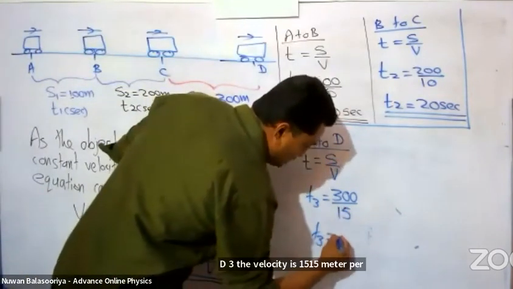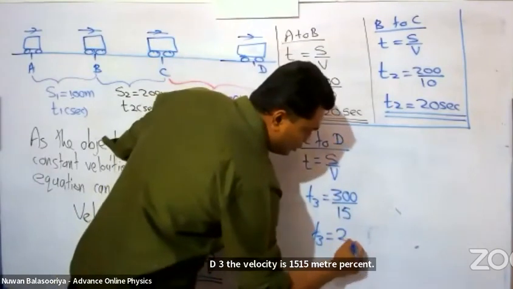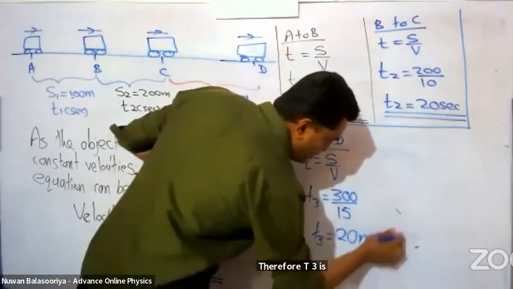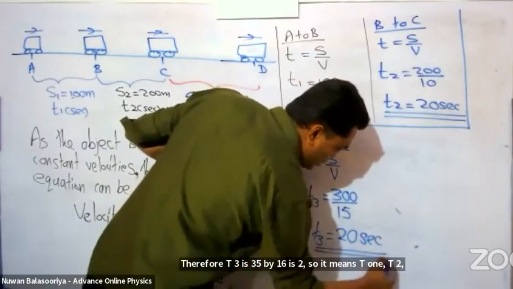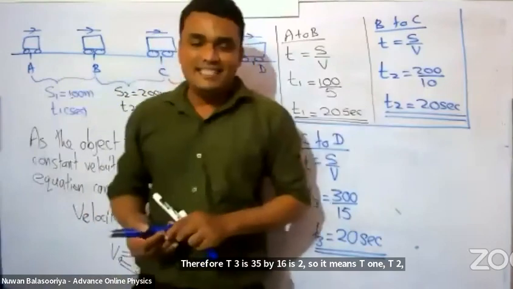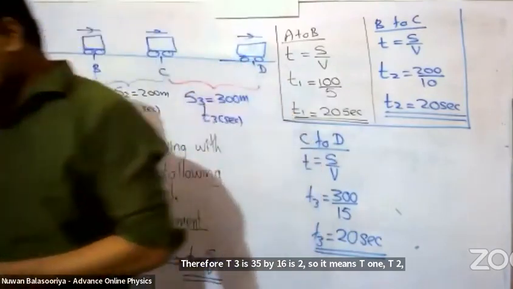Therefore, T3 is 300 divided by 15, which is 20 seconds. So it means T1, T2, T3, all are 20 seconds each.